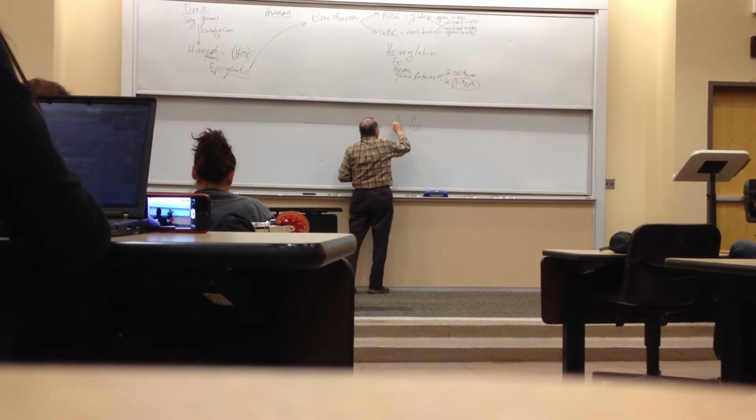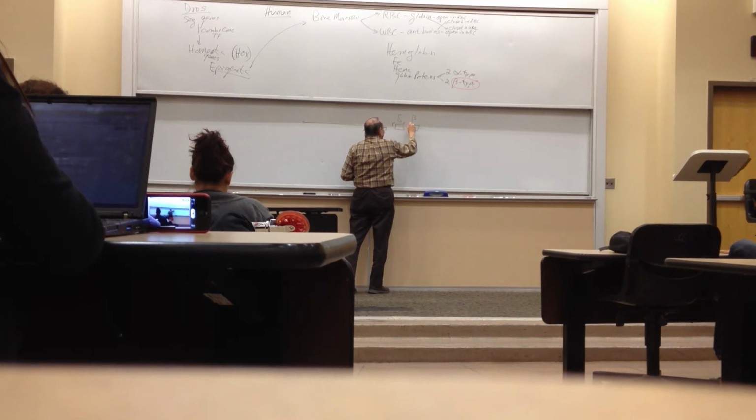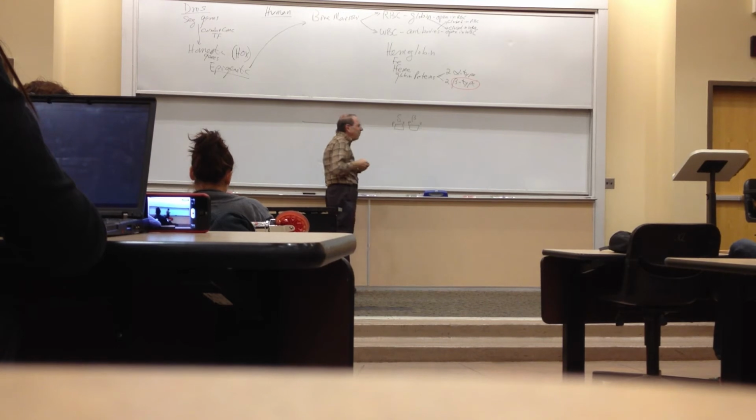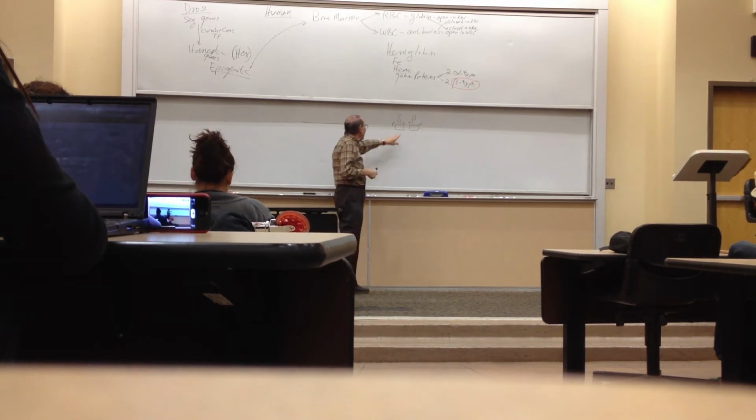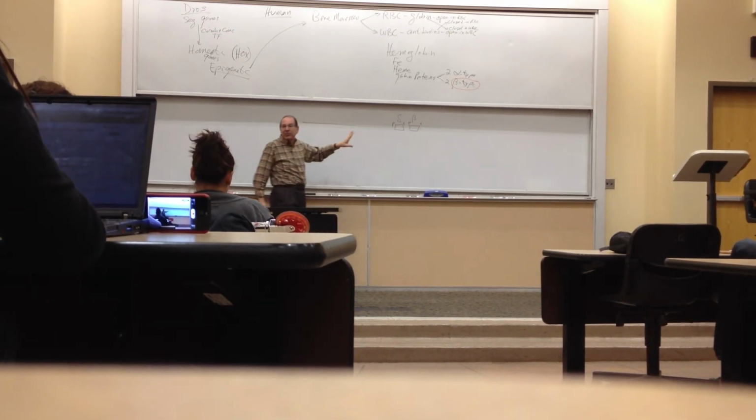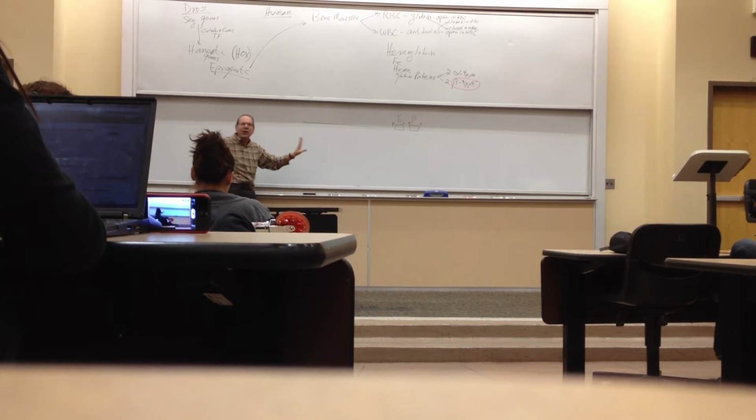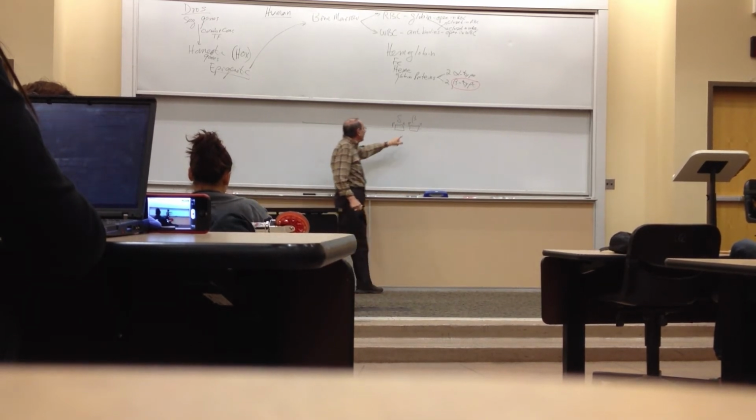So each one of these boxes is an individual transcription unit with a promoter and a terminator. I'll give you the gene structure, the intron-exon structure, in a few minutes.